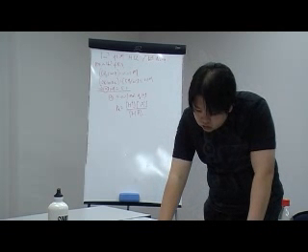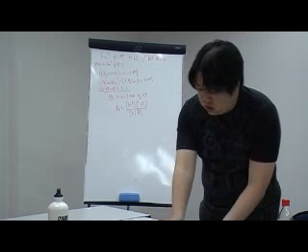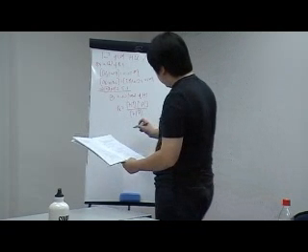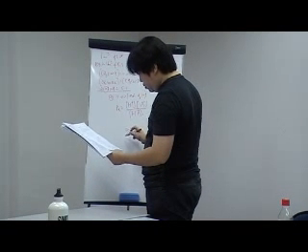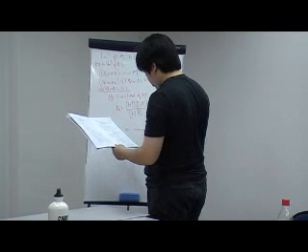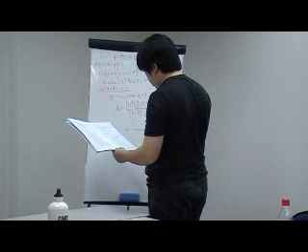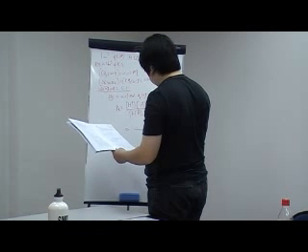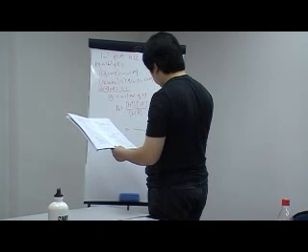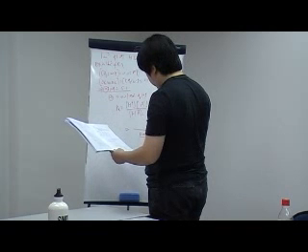So is it the same? I still have to do all this. To me, I will still do 0.1 minus 0.001 over 1 plus 0.001, and then 0.05 plus 0.001 divided by 1 plus 0.001.